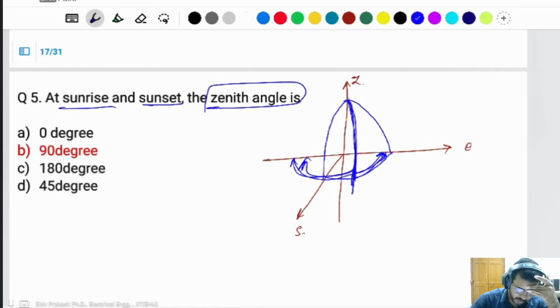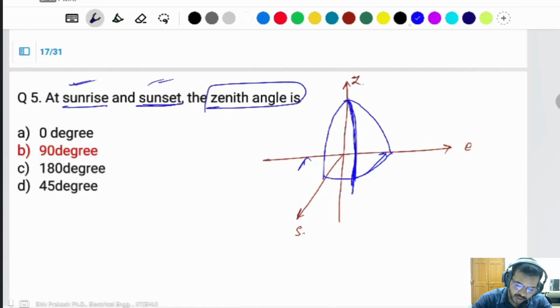Sorry, I think it will ask me some other thing. It's asking about the sunrise and sunset, then what is the zenith angle? Sorry, that phenomenon occurs at the zenith angle 0 degrees, not 90 degrees.